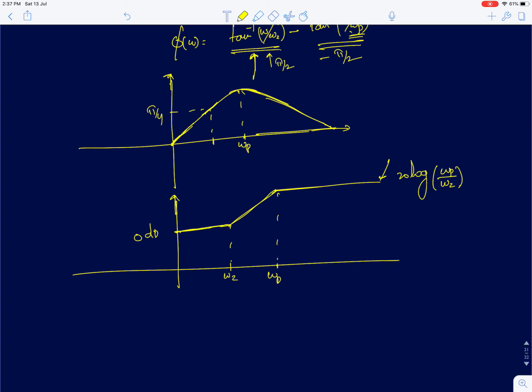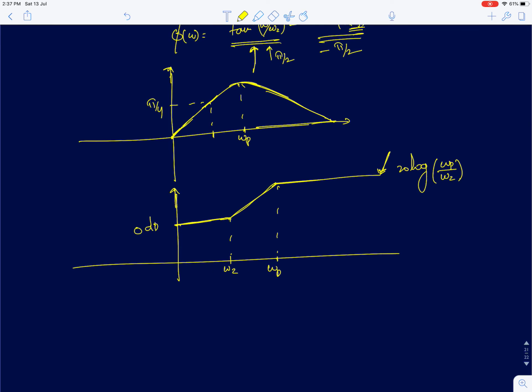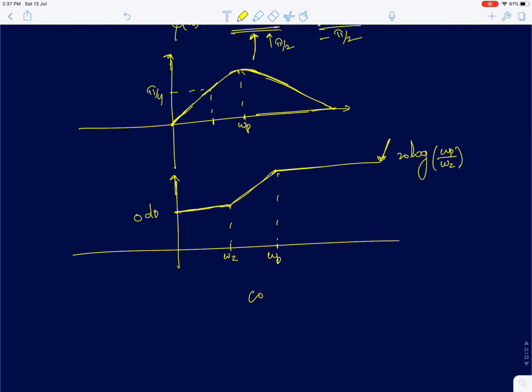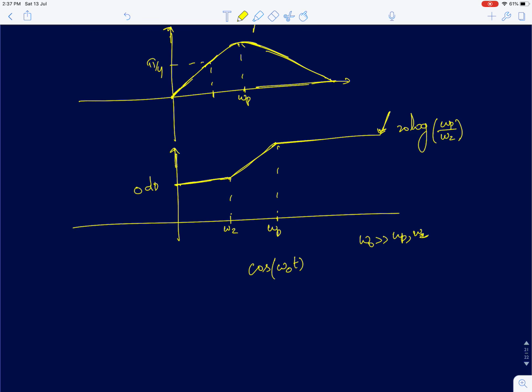Now, as we try to plot this function, what can we infer is that if I am going to feed a sinusoidal signal of frequency, say cos omega naught t, here omega naught is much greater than omega p and omega z, both included, then you can very easily say that the output, the gain at higher frequencies here, you will be getting a signal with a gain of omega p by omega z.